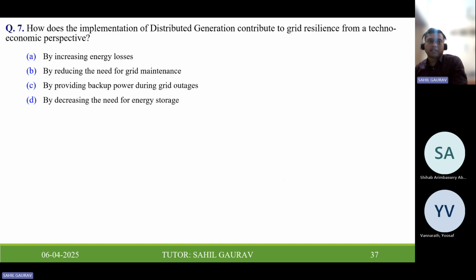The options are: by increasing energy losses, by reducing the need for grid maintenance, by providing backup power during grid outages, by decreasing the need for energy storage. See, no, C is not correct.